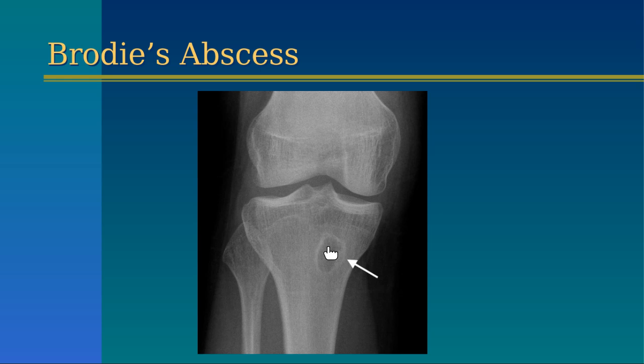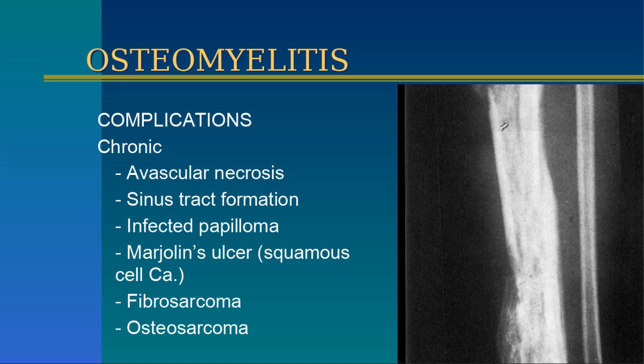We tend to see this not in acute, not in chronic, but subacute. The organisms aren't very virulent, and so it's a very low-grade, smoldering sort of infection, and that's why the patients are pretty much well and okay with subacute. Chronic osteomyelitis, you may have avascular necrosis of that epiphyseal region, certainly the femoral head, humeral head, sinus tract formation.